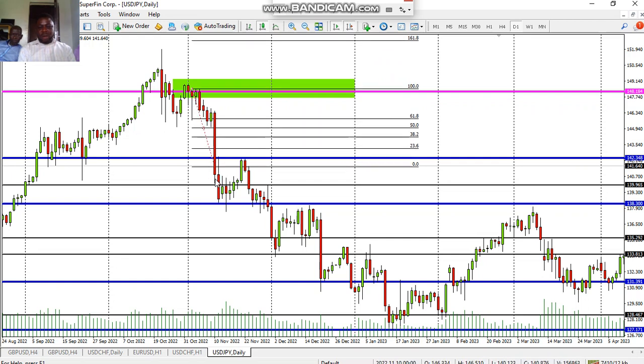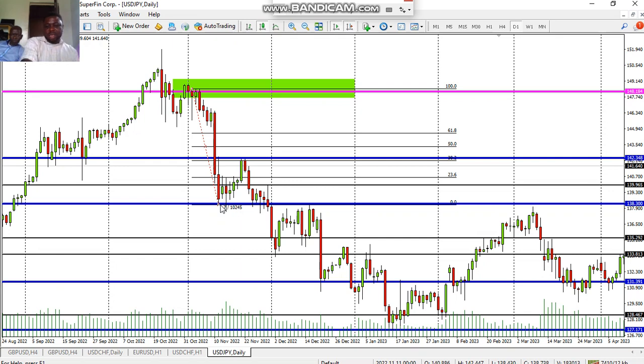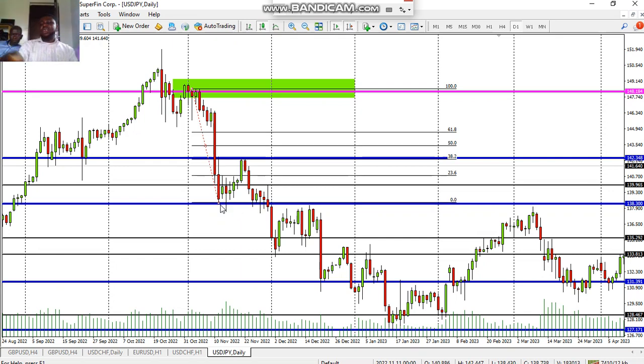It started coming down. But when it now got to this place here, you see it started going back up. Now, check it again. If it gets to that level, you can see it here, 61 to 38.